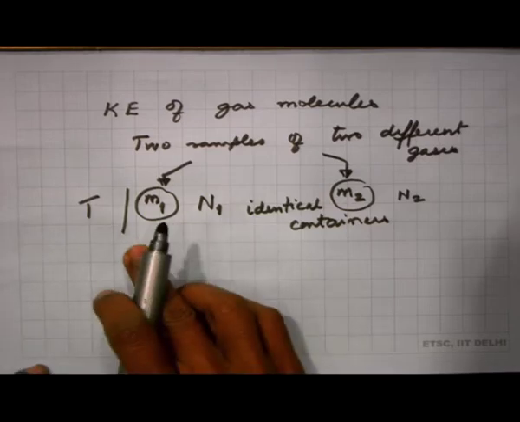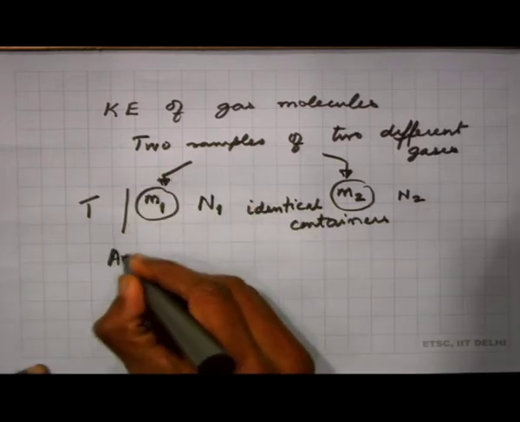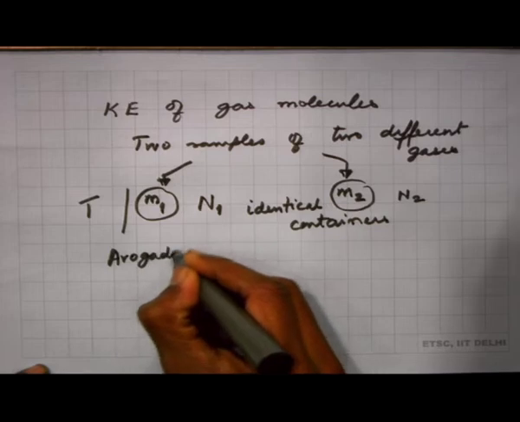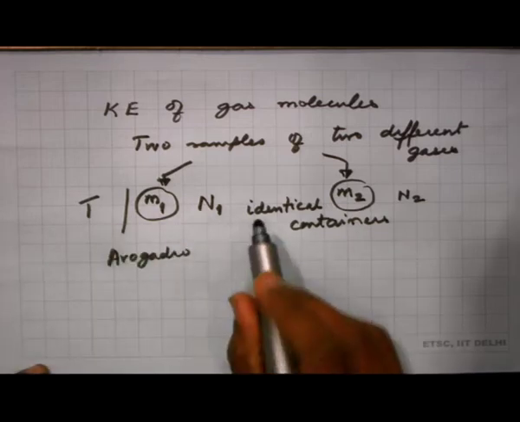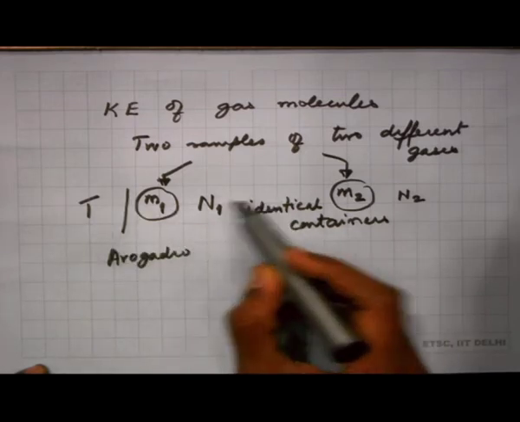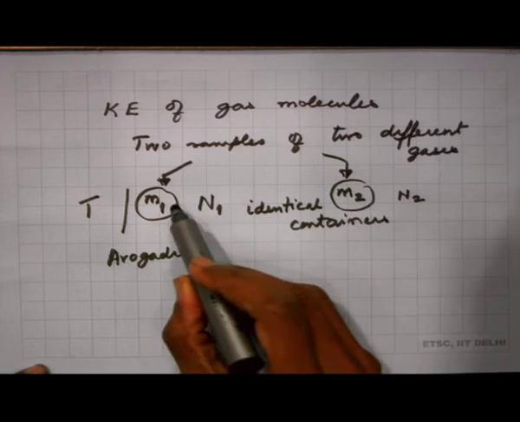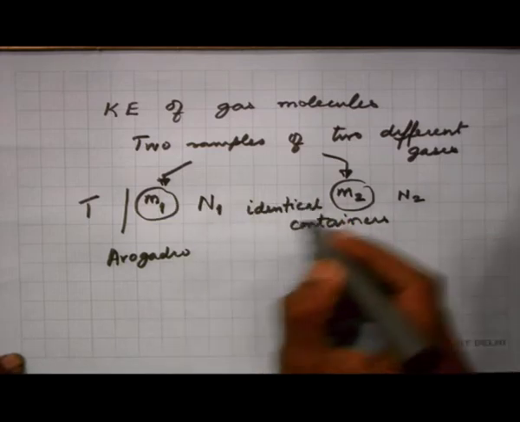In this situation, applying Avogadro's hypothesis in the converse fashion, Avogadro says that if you have two gases at the same temperature and pressure, the volume is proportional to the number of molecules. Because the volumes are the same, the numbers of molecules are the same.